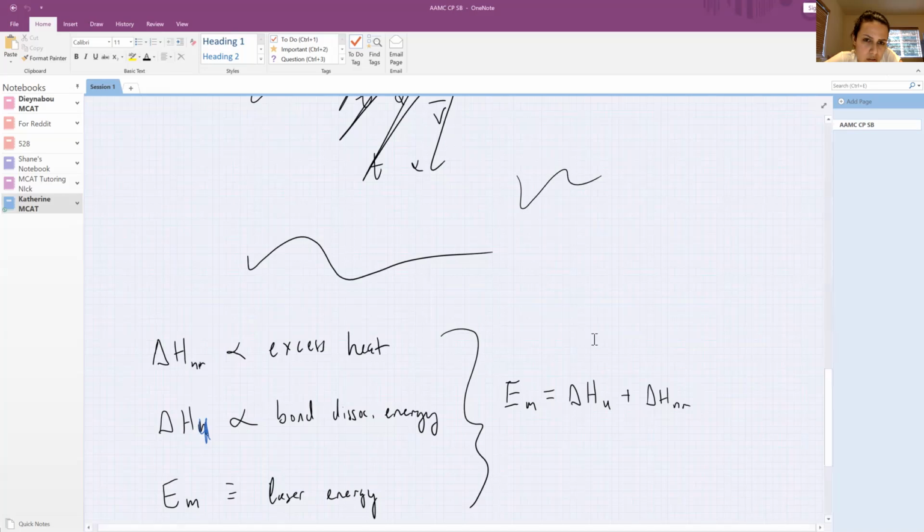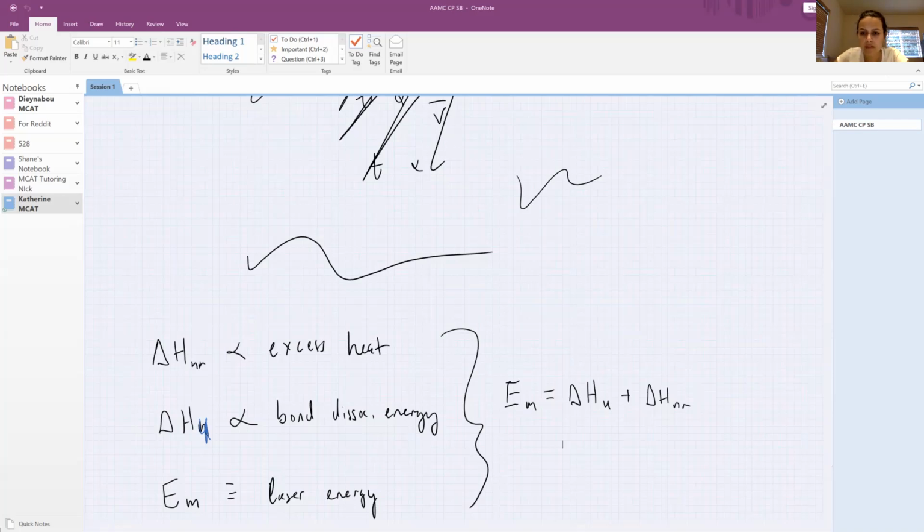It's like energy conservation. This is the max amount of energy, and some of it is used to break the bond, right? Let's say we didn't have that microphone setup, and we shoot a laser with, I don't know, a billion energy units.